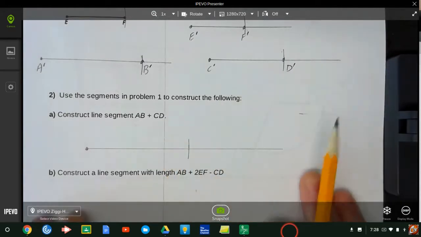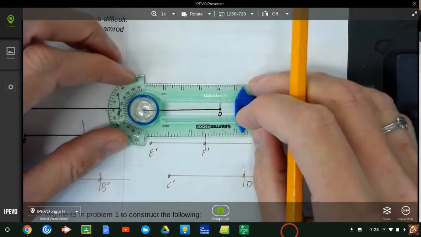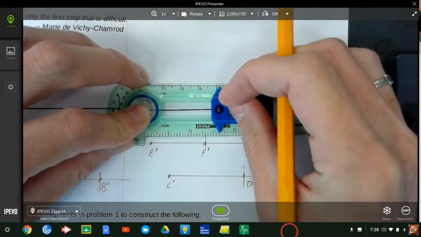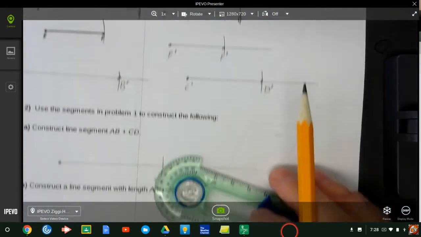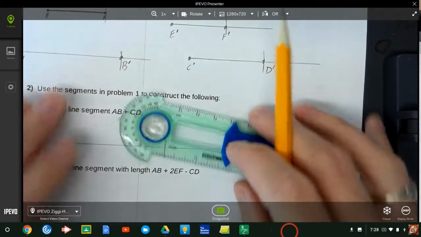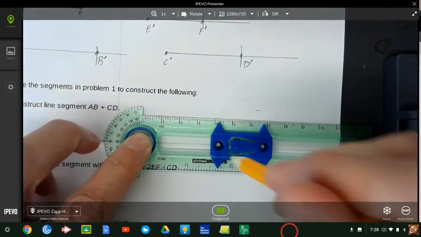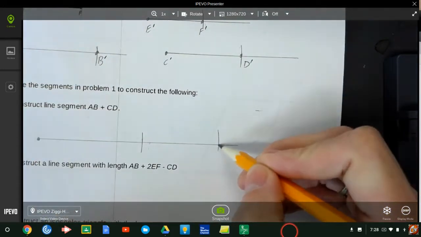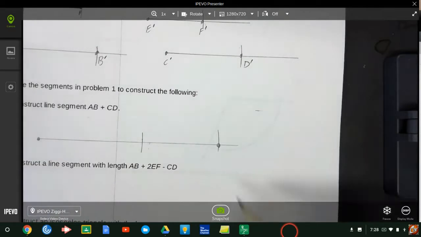And now CD, I'm going to add to the end of that. So I'm going to go up here and get the length of CD. Add that to the end of this. So there is segment AB plus CD. I'll put my endpoints on the end of it.